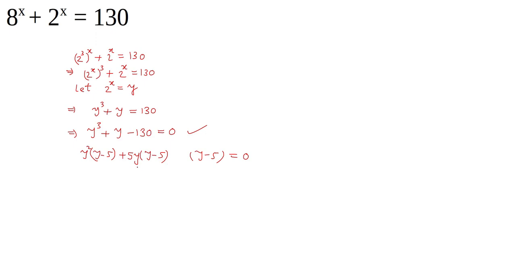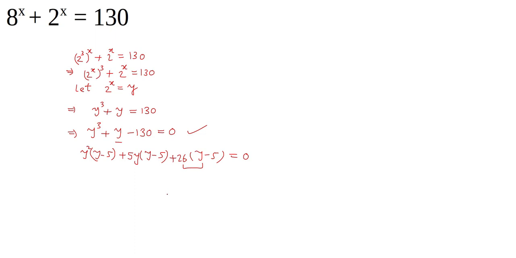And what will be the next term? When you multiply this 5y with minus 5, you will get minus 25y. But in the original equation you have plus y, so you need to write here plus 26, so that plus 26y and minus 25y give you plus y, right?